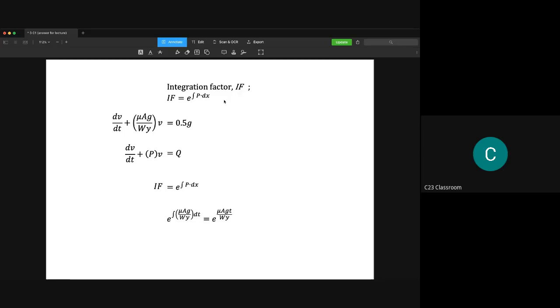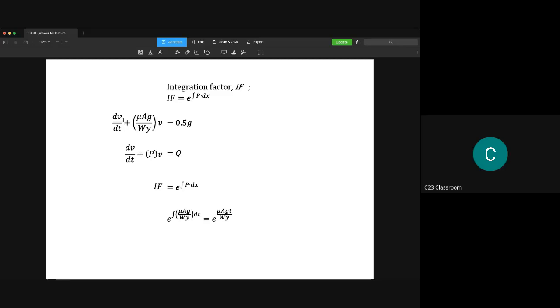So the idea is I create another term that could balance all the terms. Normally in an integration factor, we use the idea of e to the power of the integration of p times dx here. So we just assume that this is the p.